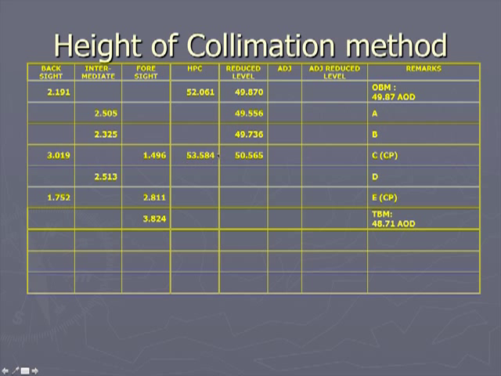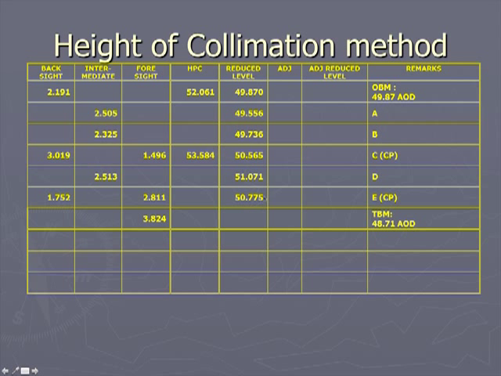Now, having the new height of plane of collimation, we can find the reduced level of point D by subtracting the intermediate sight for point D, 2.513, and then we get 51.071 for point D. Similarly, to find point E, we subtract 2.811, which is the foresight, that means the last measurement of this instrument position, from the height of plane of collimation, 53.584, and we get 50.775.